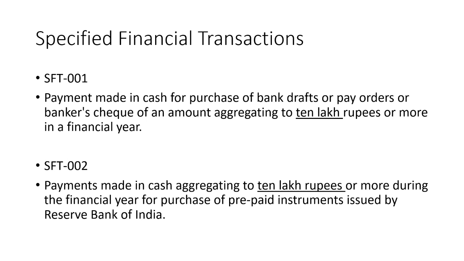Number two, payments made in cash aggregating to 10 lakh rupees or more during the financial year for purchase of prepaid instruments issued by the Reserve Bank of India. Lot of instruments are there by RBI. Whenever they want to buy these for the purpose of various transactions, this information will be required to be disclosed.